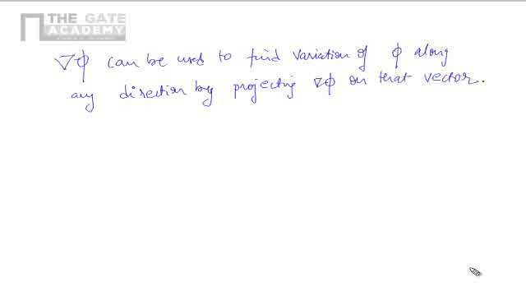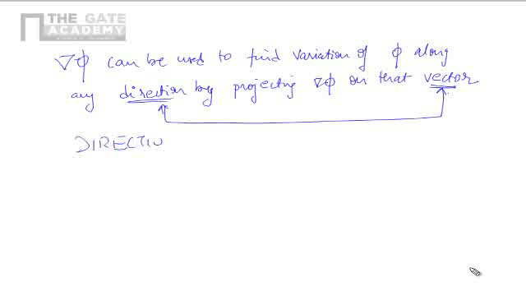This is the vector which is describing this direction. Now this variation along any direction is called directional derivative.